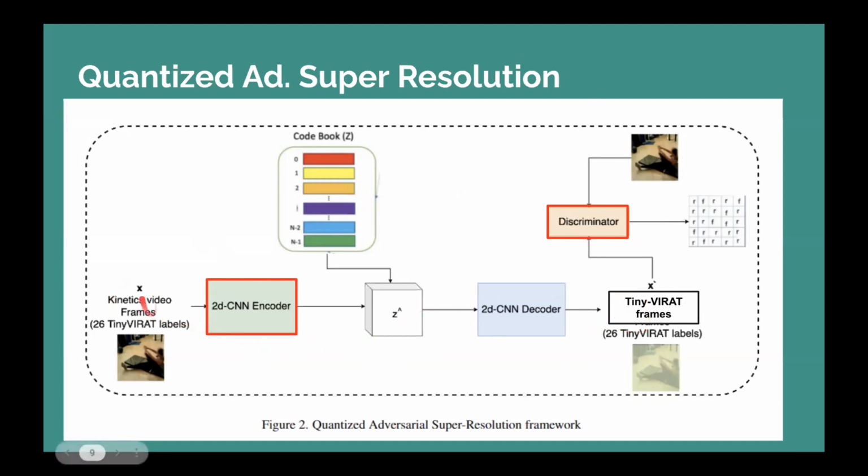We pass the Tiny VIRAT samples through a CNN encoder, and we use the Kinetics 400 codebook to represent Tiny VIRAT frames. Then we use that quantized feature representation to reconstruct Tiny VIRAT frames, and the discriminator tries to tell the reconstructed frames apart from the original ones.